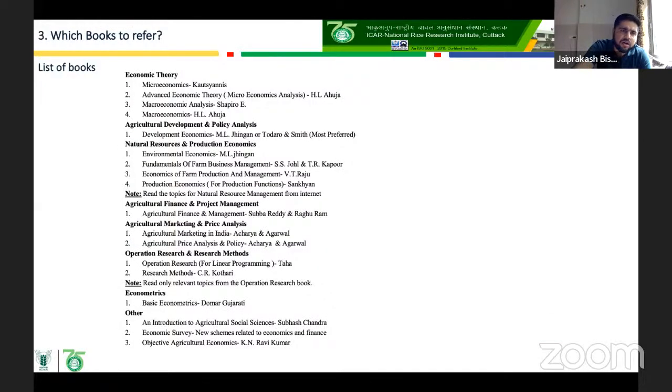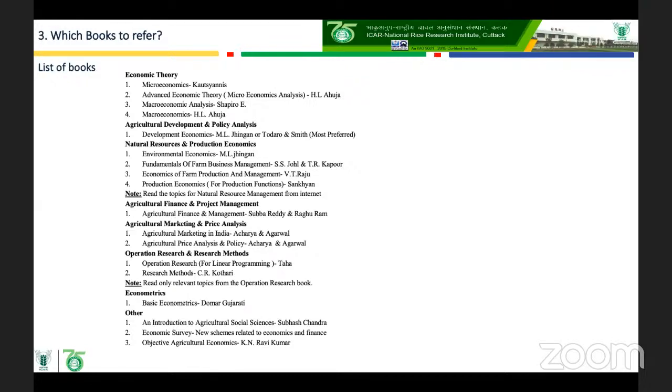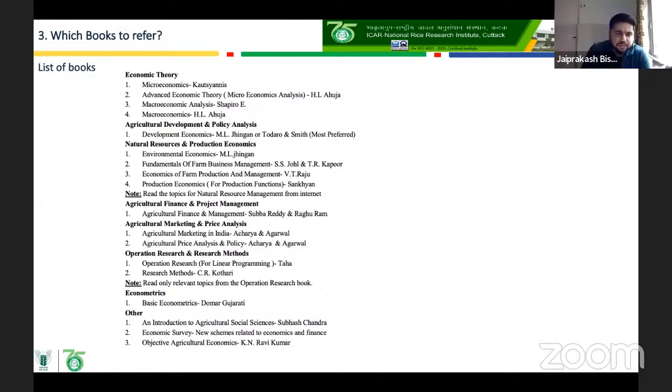Okay, so here is a list of the books. I will share this presentation with Sanjay sir. Those who are interested can use it. You can refer to all these books for different topics.